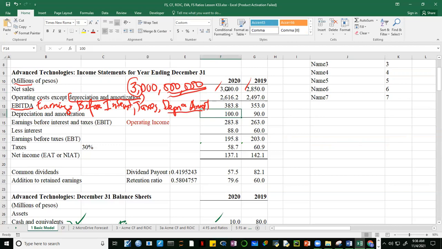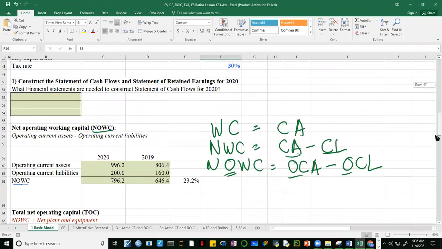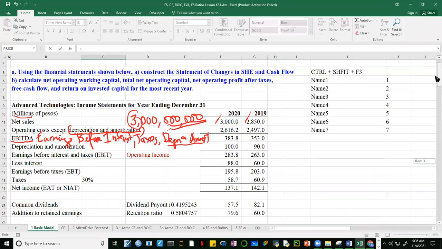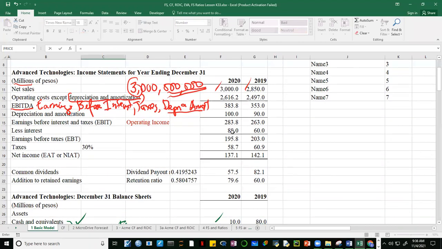So when you subtract the operating cost from net sales, you have your EBIT or your operating income or operating profit. And then you subtract our financing charges like interest expense. We subtract first all our operating expenses, and then that's the time after which we subtract our interest or financing expense. So let's just copy that, guys. Our interest is given, it's at 88.